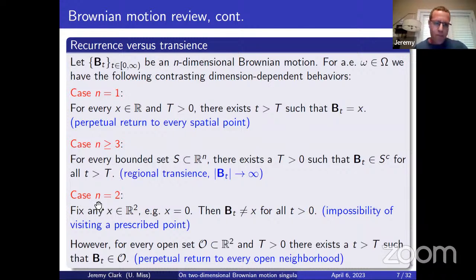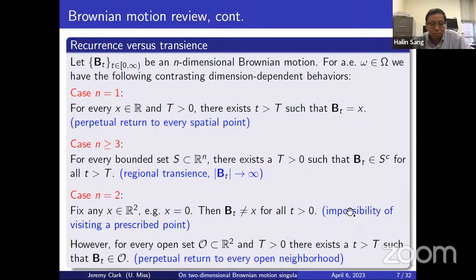So what about dimension 2? That is the in-between case, the marginal case. If you fix any point, again we could just take it to be 0, then the Brownian motion will never hit that specific point that you chose. If you fix some point, say the origin, then the Brownian motion will not visit the origin ever.